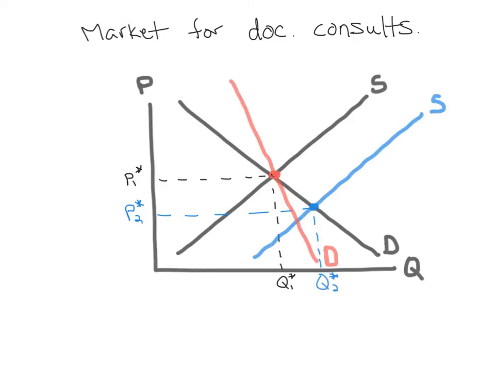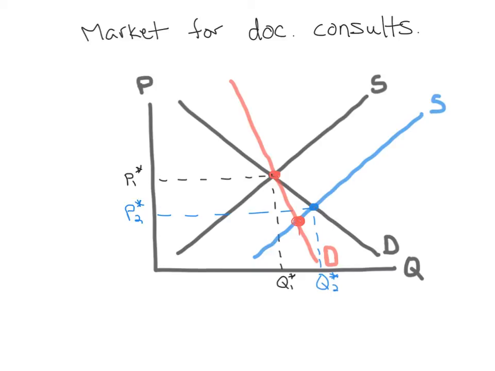Okay, so now when the supply of doctors increases from here all the way out to here, it's going to have a similar impact on price, that is, price is going to fall, and a similar impact on quantity, quantity is going to fall, but the degree to which each changes will change. So specifically, our new equilibrium will be here.